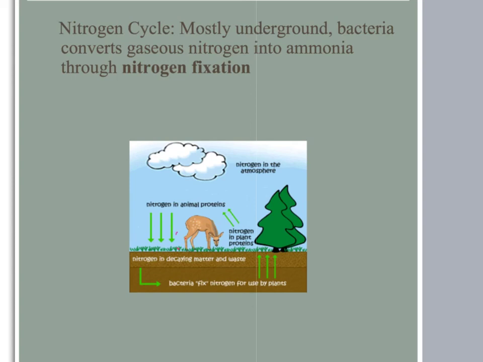Its poop is going to decay into the soil, and it's also going to pee onto the ground, and the nitrogen in both of those things is going to go into the soil deep down, and bacteria in the soil are going to make it so that plants can use this nitrogen. So it's a cycle. Then the deer will eat the plant that has some of the nitrogen. It will pass through the deer, and there's the cycle.